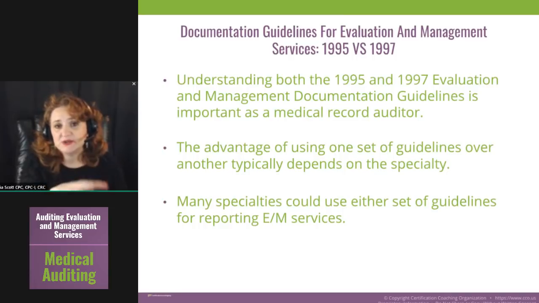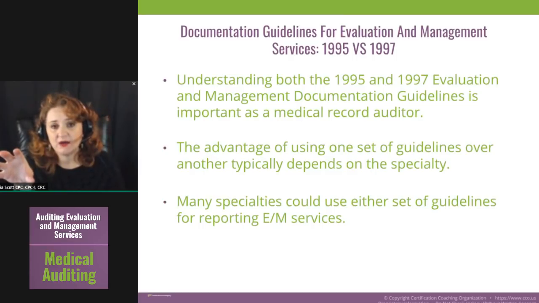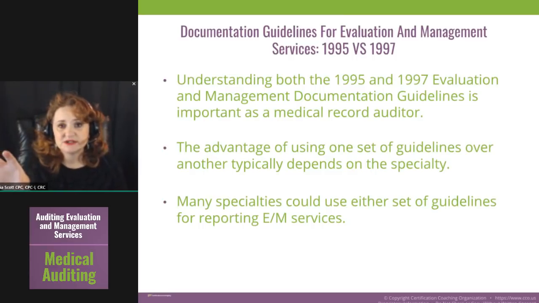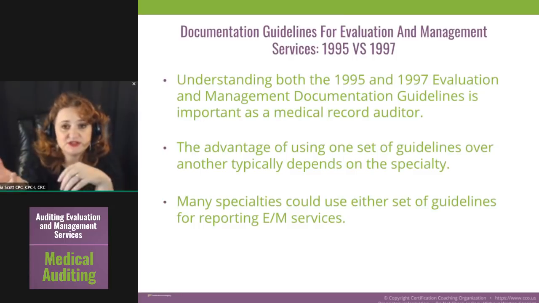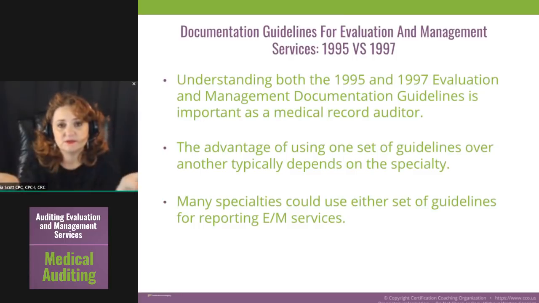So what a GP uses over here that has a relatively small practice versus a podiatrist is going to probably be two different ones, because one really works well with specialty groups and the other one is much more broad, right?